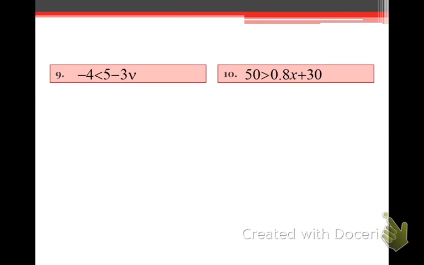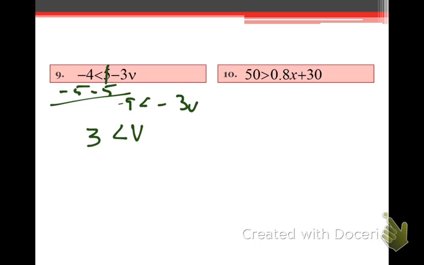Number 9. Alyssa, what did you guys come up with? What is it? V is greater than 3. Is that it? So subtract 5, subtract 5. So negative 3v is greater than negative 9, right?